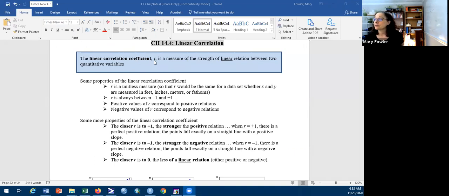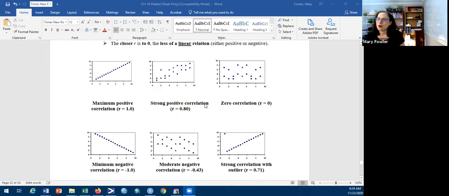So the linear correlation coefficient is the measure of the strength of a linear relationship between two quantitative variables. We have properties, so we'll go through the properties. But first, let's just look at what the linear correlation coefficient looks like. If the data is perfectly laid out on a straight line, the scatter plot of X and Y lies exactly on a straight line, then that is going to give us the largest linear correlation, and R is equal to 1.